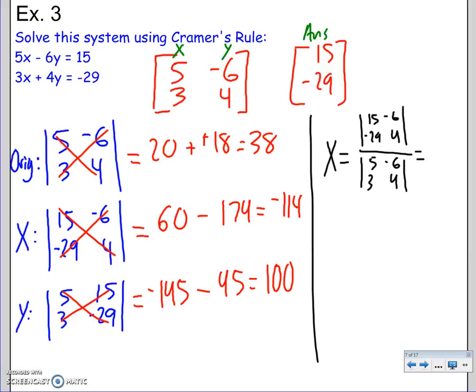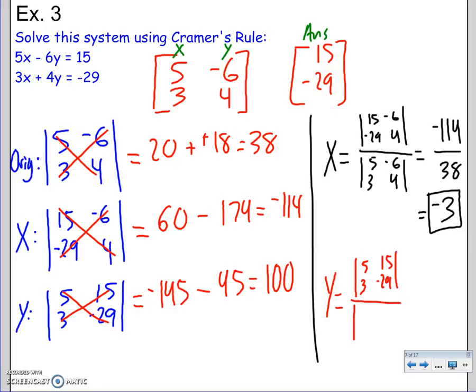We already calculated the top one is negative 114 and the bottom one is 38. If you put it in the calculator, negative 114 divided by 38 gives me negative 3. So x is negative 3. Alright, I'm going to try y now. Well, y would be the determinant of the y one, so x stays the same and the y column changes to the answers.